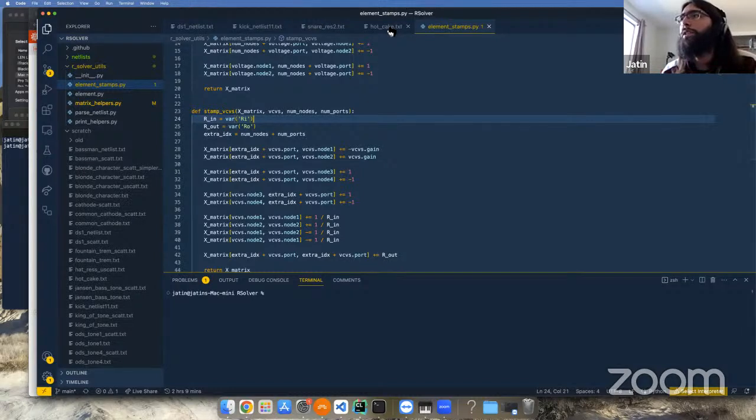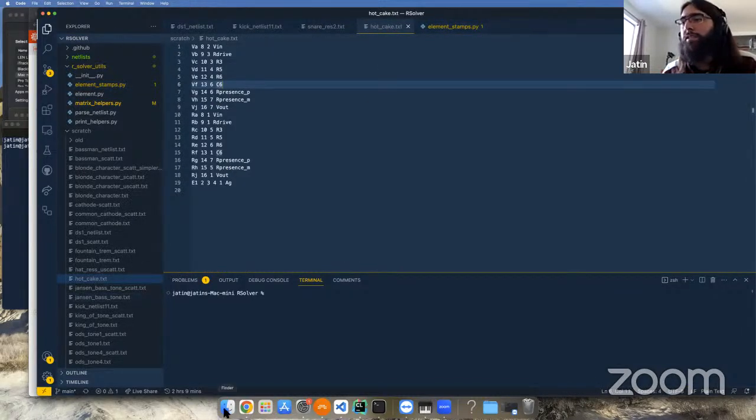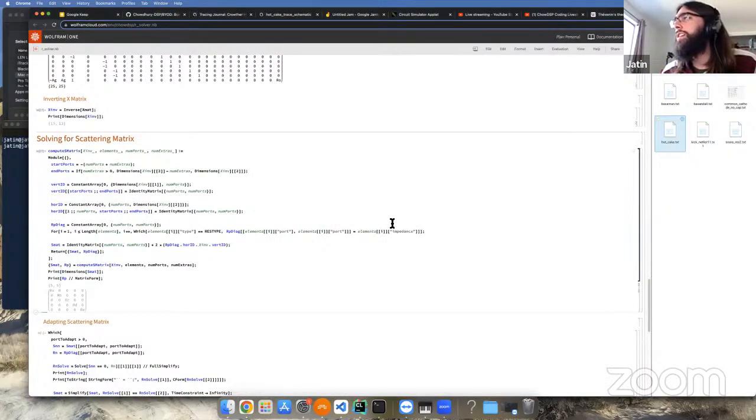So maybe I should fix that up and be a little more careful about it. So RI is input resistance, but input resistance for the op-amp, not for the circuit as a whole.